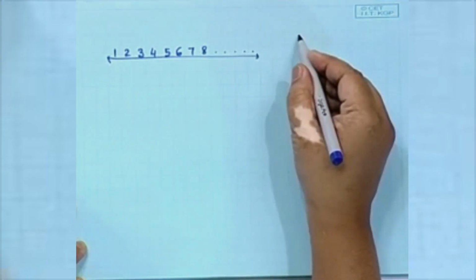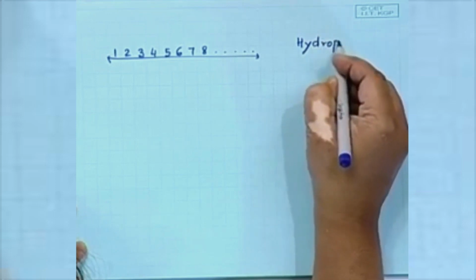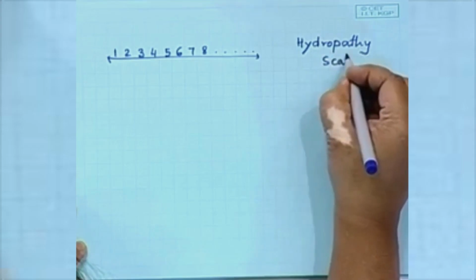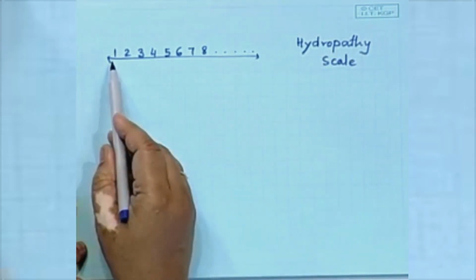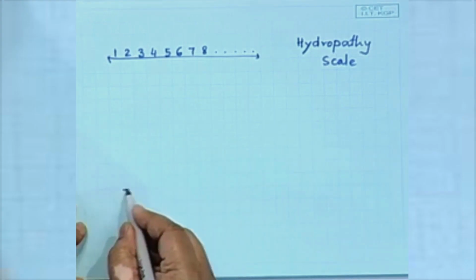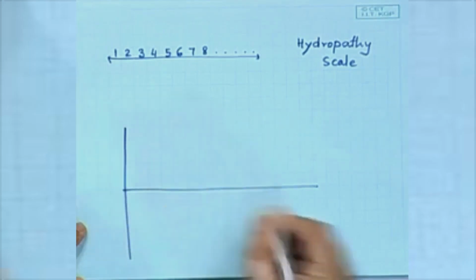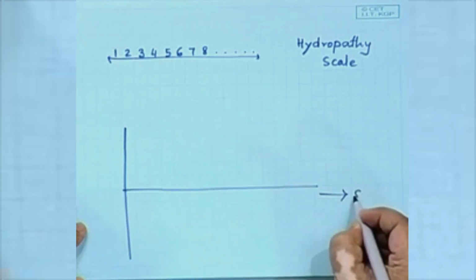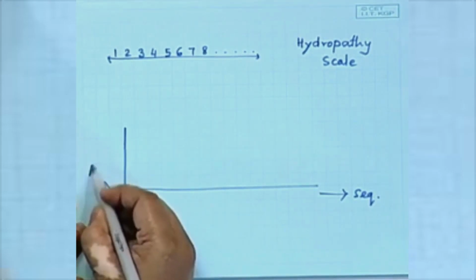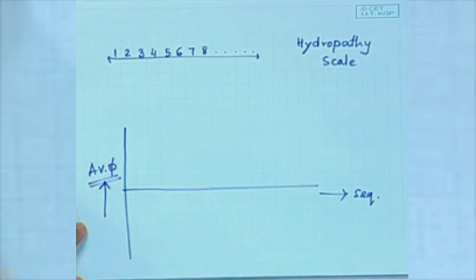We have a hydropathy scale. For every amino acid there is a hydropathy scale. What we do is we consider the sequence along this axis and the average hydropathy index along the y axis.